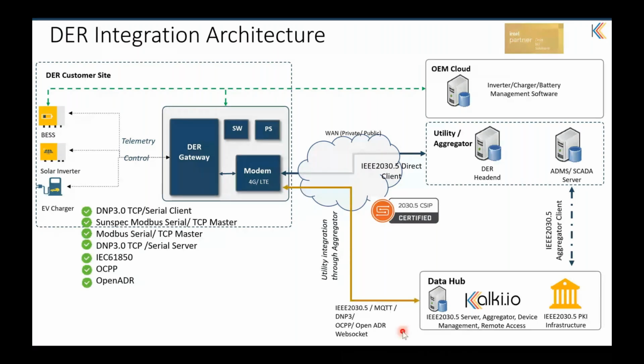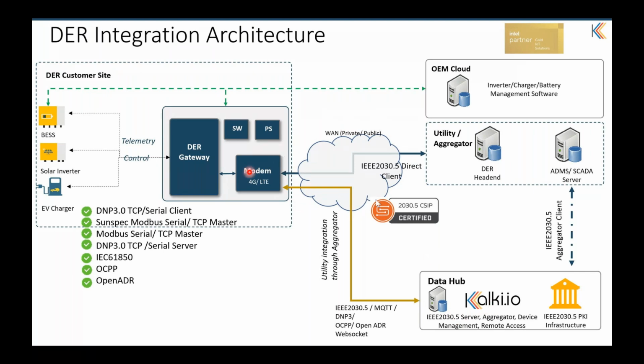It can be used to update the firmware and security patches of these devices remotely, in bulk quantities. Or it can also provide remote access to this equipment to do troubleshooting or diagnostics of these field equipment directly from the cloud. So that's the secondary function provided by the data hub in addition to the DR aggregation functionality.